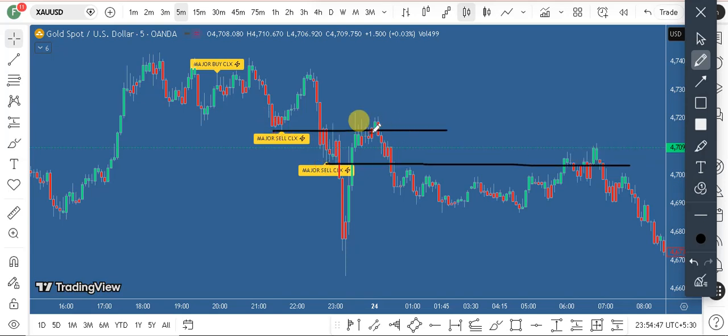Even if this was the portion which went above this particular level, you would have shorted at this particular point over here. But this is the portion worth paying attention to, because this is not mere violation. It could be a trend reversal.